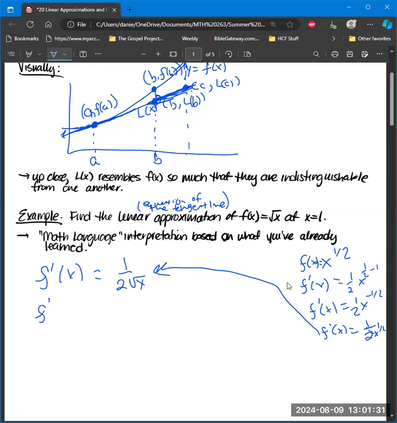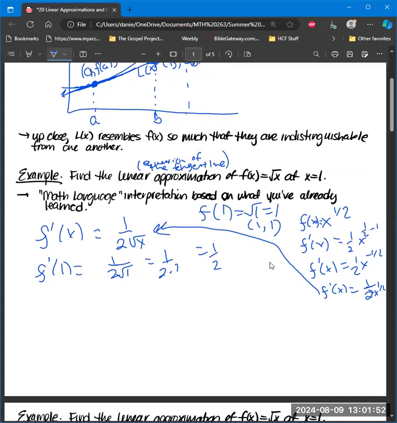So f prime of 1 is going to be 1 over 2 root 1, so it'll be 1 over 2 times 1, which is 1/2. I also need to find f of 1, which is the square root of 1, which is 1. So I have the point 1, 1 that I'm interested in for my a, f of a.